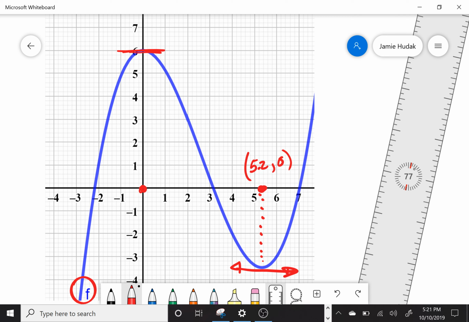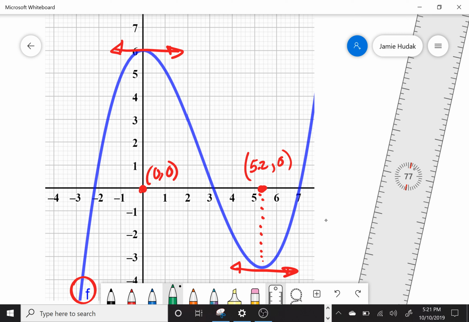That is an ordered pair of the derivative graph. And since we have another horizontal tangent here, we have an ordered pair 0 comma 0. Again, the x-coordinate is the same as the x-coordinate for the graph of f, but the y-coordinates will be the slopes of the tangent lines.